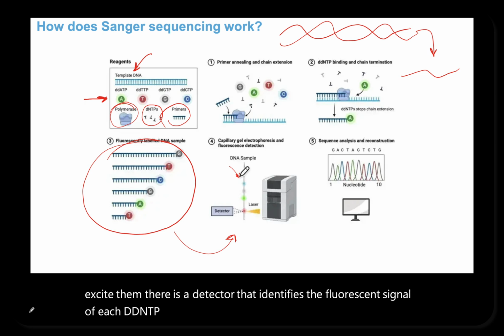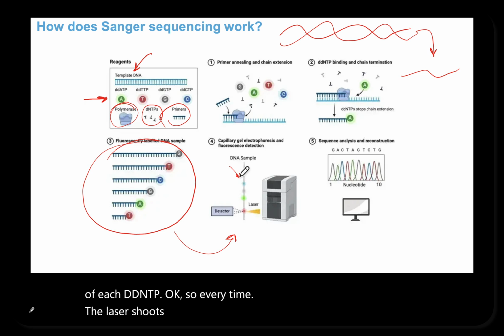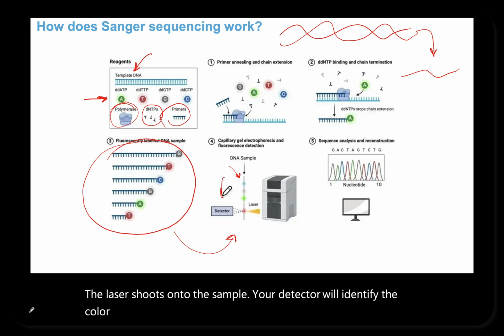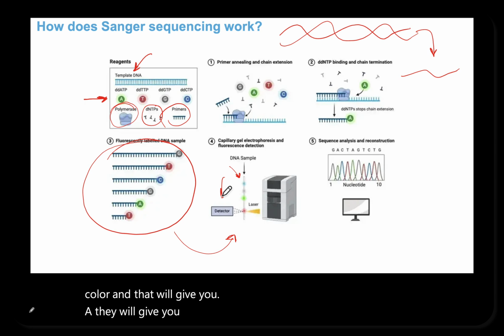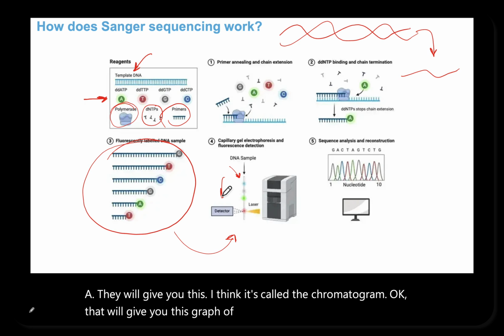Every time the laser shoots onto the sample, your detector will identify the color, and that will give you this, I think it's called a chromatogram. That will give you this graph of colors. That's an easier way of putting this.